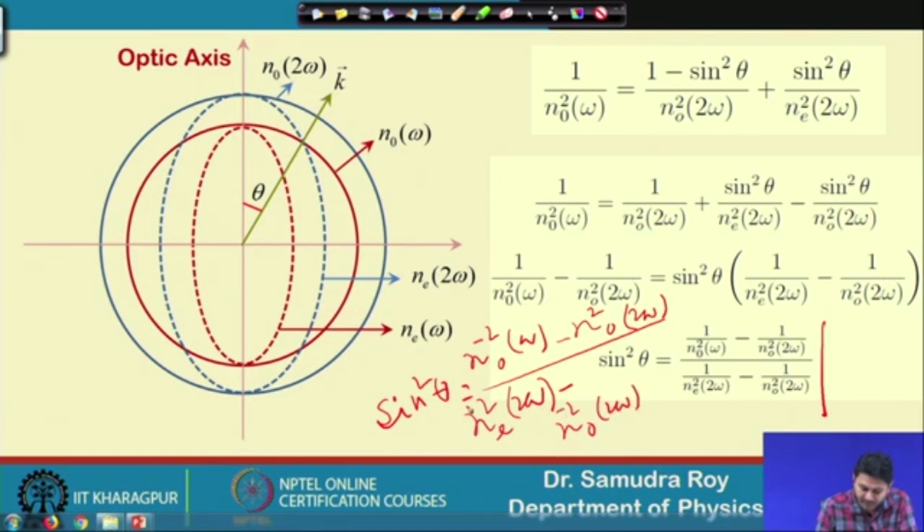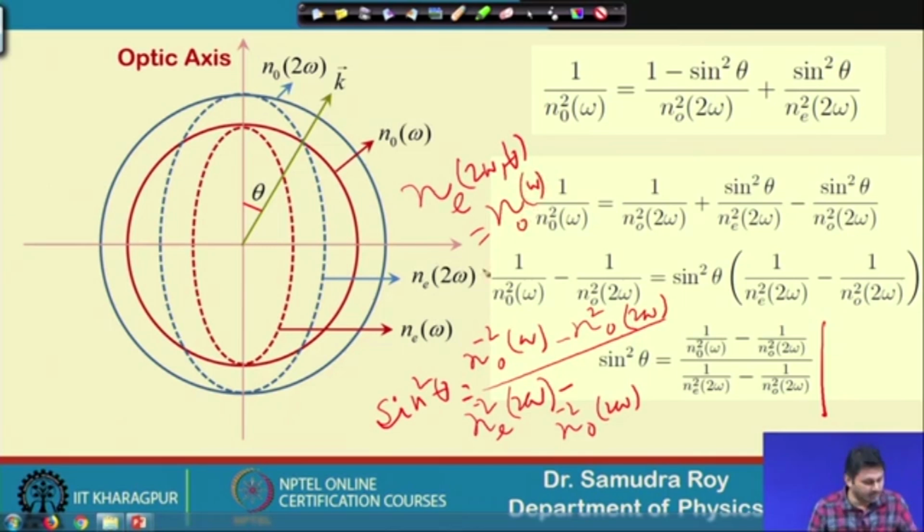In both cases we have a negative sign. This is the way we have calculated, and in order to calculate, one important expression that we used is n_e of 2 omega at theta is equal to n_o of omega.